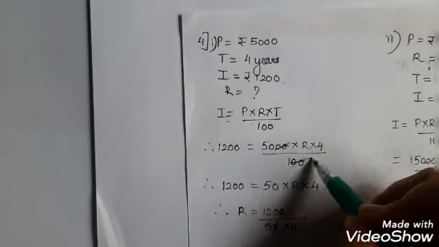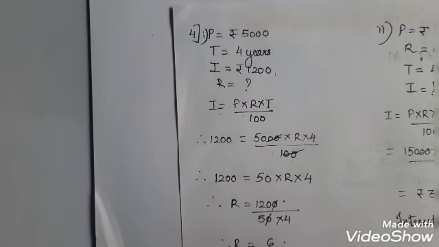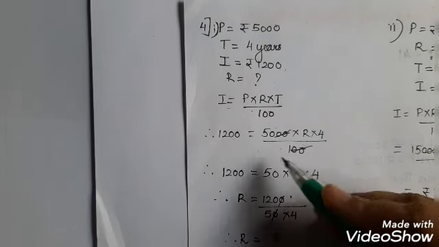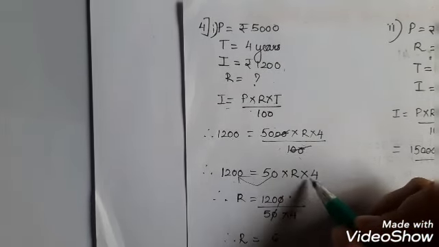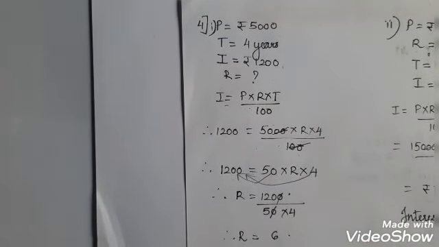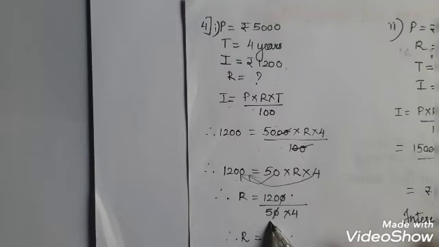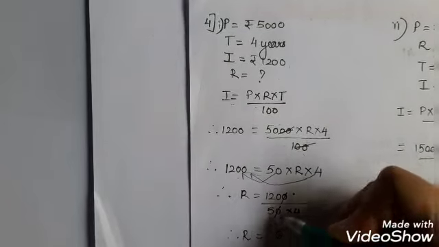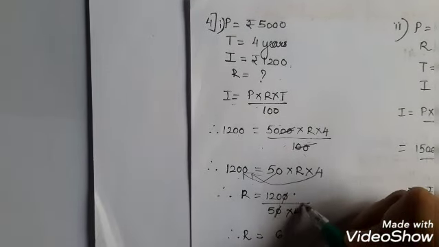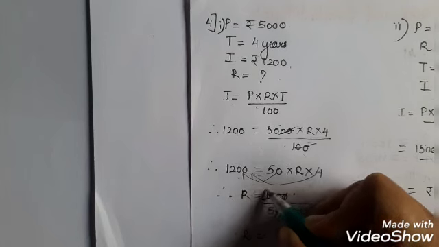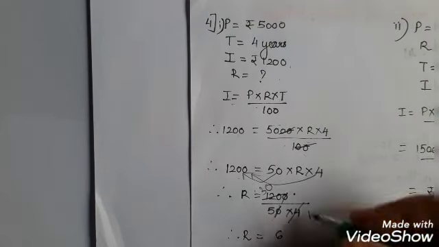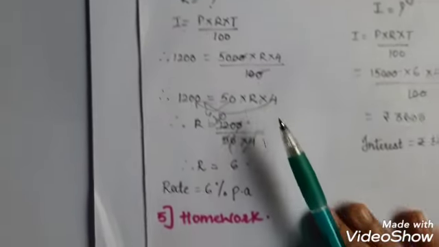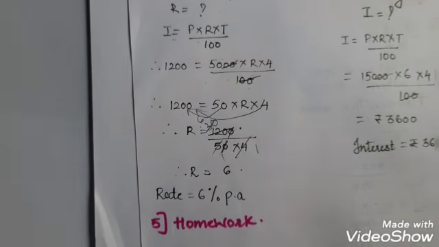These two zeros and these two zeros get cancelled. So 1,200 is equal to 50 multiplied by R into T. I shift this 50 here and 4 also here. So R is 1,200 upon 50 multiplied by 4. 0 0 gets cancelled, right? 4 ones are 4, 5 ones are 5, 5 6s are 30. So R is 6. So the rate of interest is 6 PCPA.